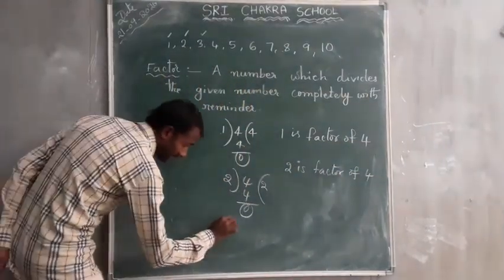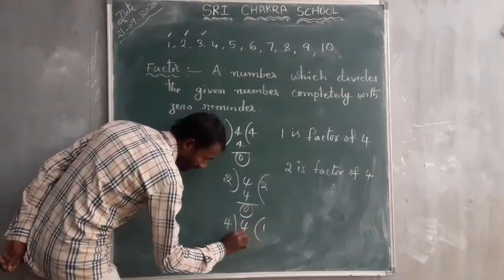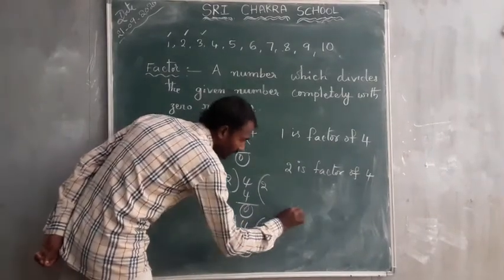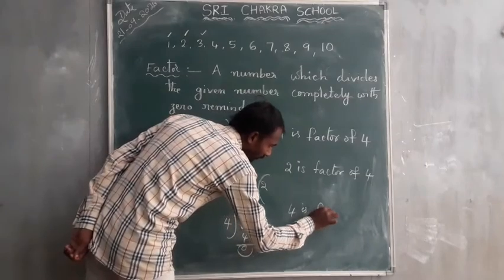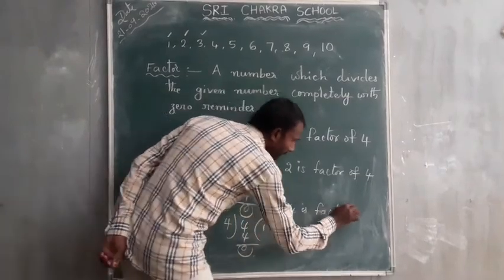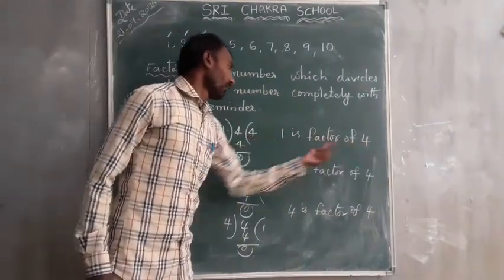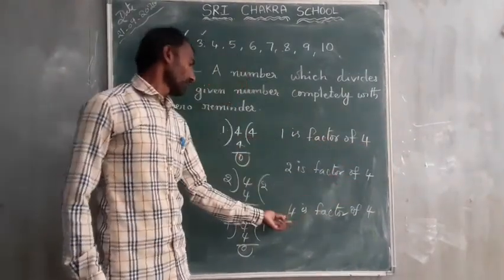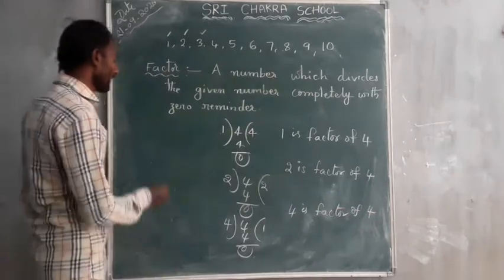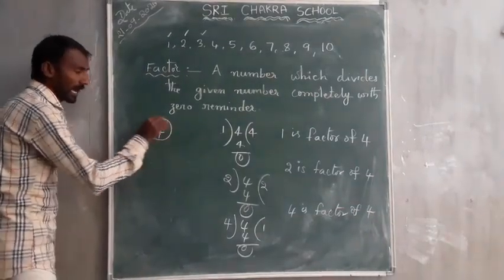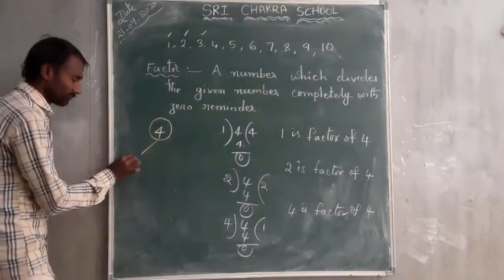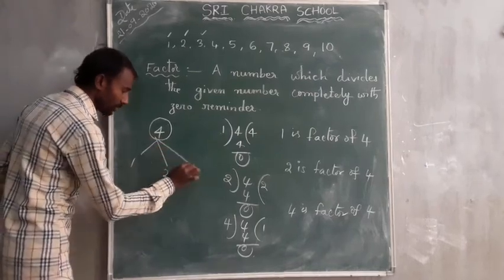Okay. Similarly, 4 also divides 4. Now 4 is a factor of 4. So 1 is a factor of 4, 2 is a factor of 4, 4 is a factor of 4. How many factors does 4 have? So see 1, 2, 4.